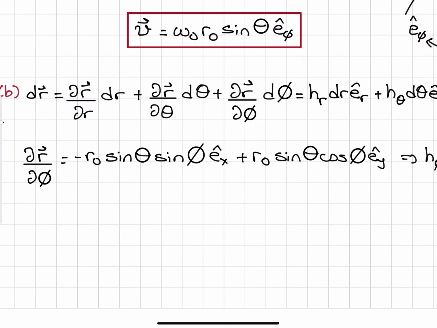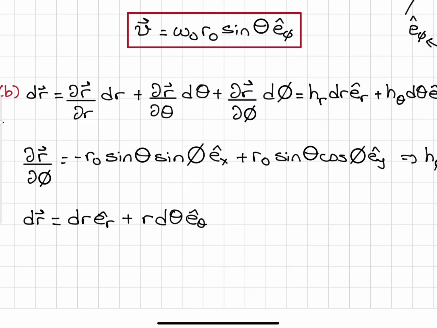Therefore, the scale factor h sub phi, the magnitude of this vector, is r0 sine theta. Now I can write my displacement vector dr. It is h sub r, which is 1, dr Er hat. H sub theta was r. We calculated it before, so it's r d theta E theta hat.